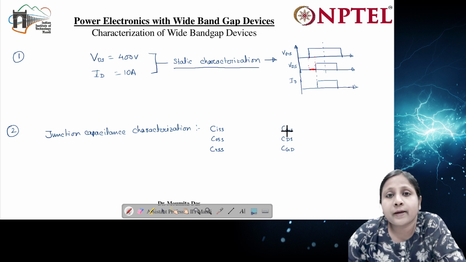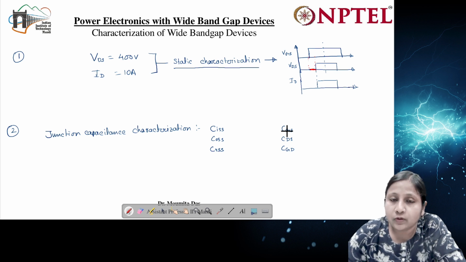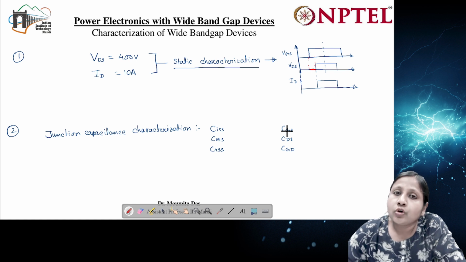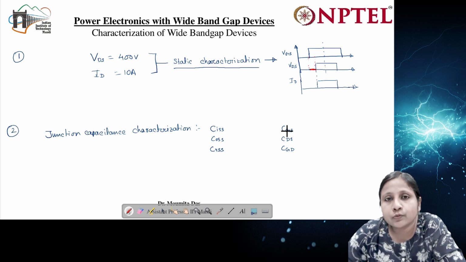But if your electrical parameters are changing, then generally in a silicon device datasheet, those capacitance curves are given with respect to drain current, drain voltage or temperature. So you have to select the particular temperature, drain current and drain voltage. Then you can choose the appropriate value of the junction capacitances, and from there the frequency can be calculated.